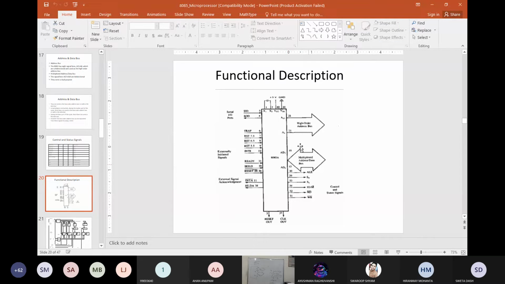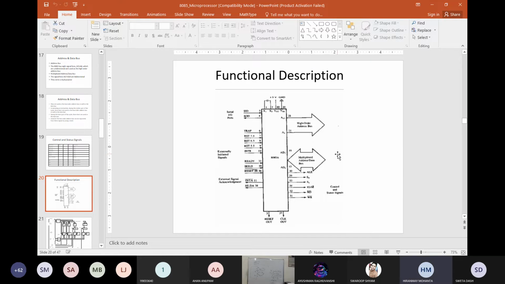Okay, so now this address bus is there, one unidirectional and another bidirectional. Now let me talk about the address bus. What is the address bus? The address bus is A0 to A15, that means 16 address lines are there. In that, two categories: one is lower order and another is higher order. You will agree?